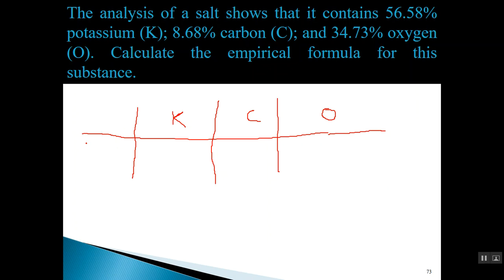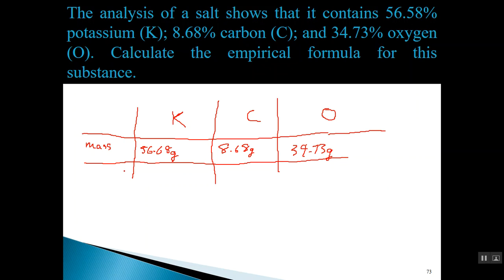For potassium, that is 56.58 grams. For carbon, that is 8.68 grams. And for oxygen, that is 34.73 grams.